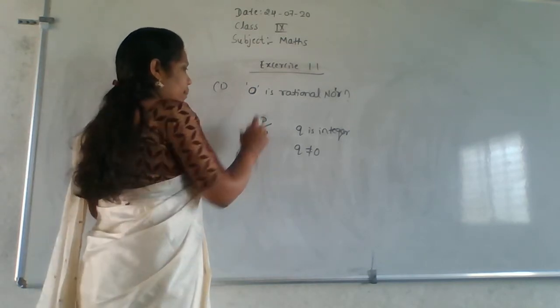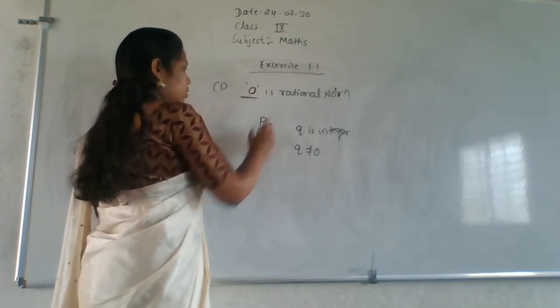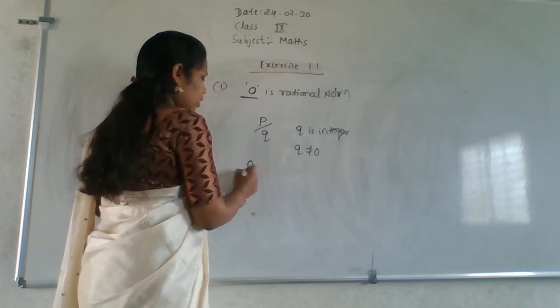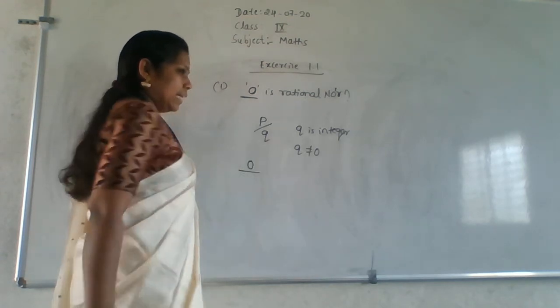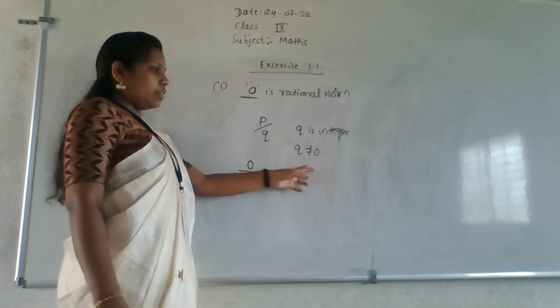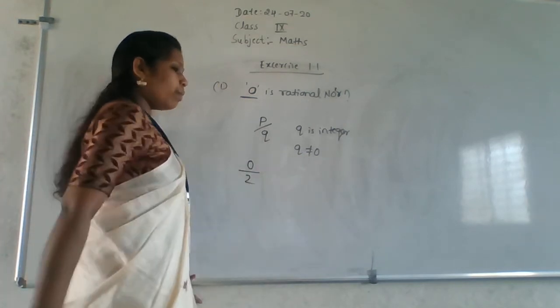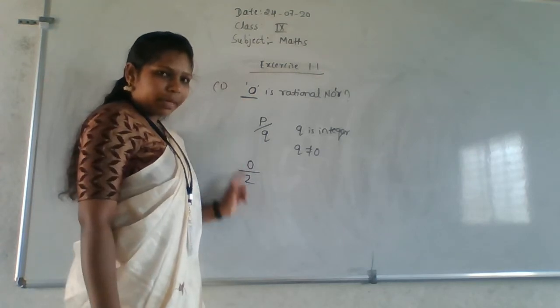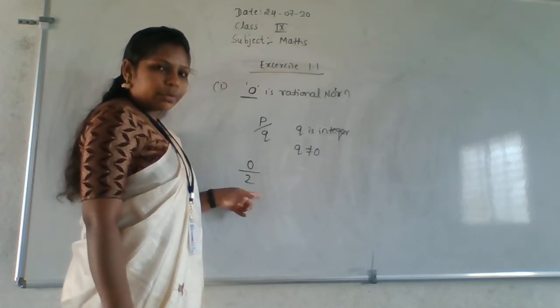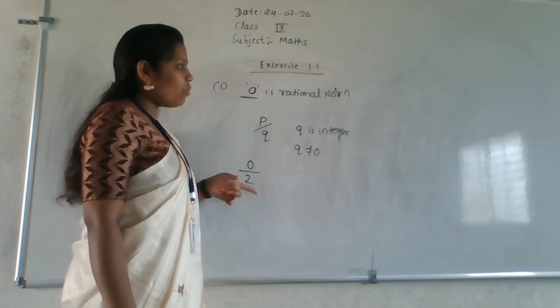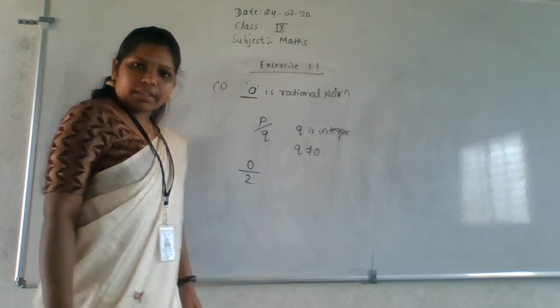I am taking p as 0. 0 divided by q. Take any integer, it must not be 0. Take any integer, say 2. 0 by 2 is in the form of p by q. Then obviously 0 is a rational number.